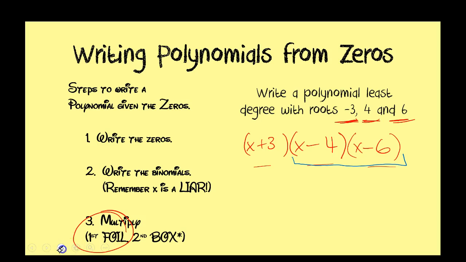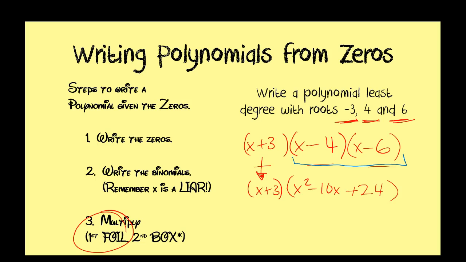So first, bring down the x plus 3, so you don't forget it. Then FOIL the other 2. So now it's going to be x squared, then -4 plus -6 is -10x. And then the last number will be -4 times -6, which is +24.